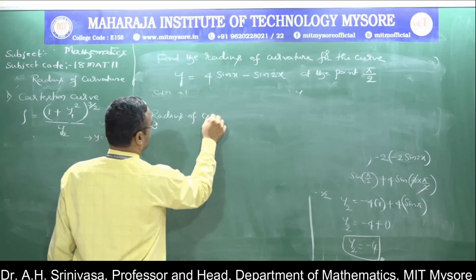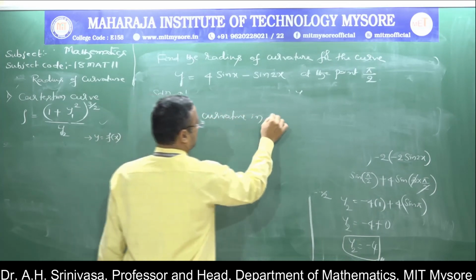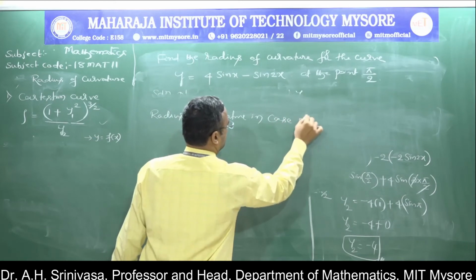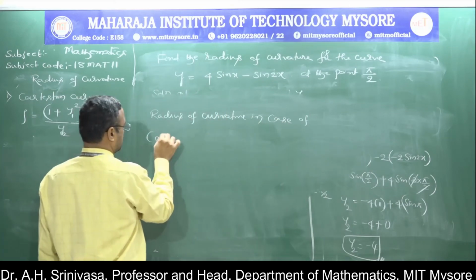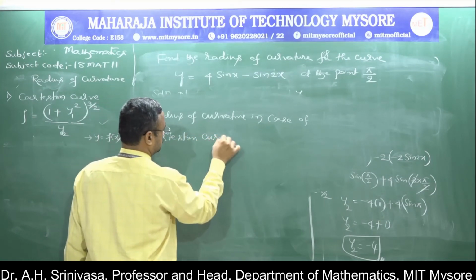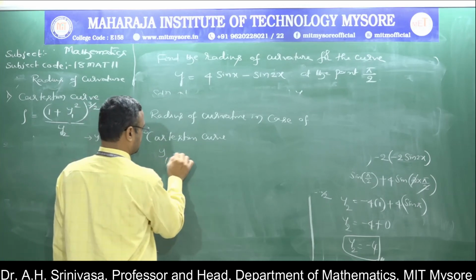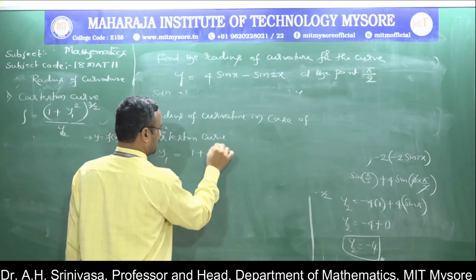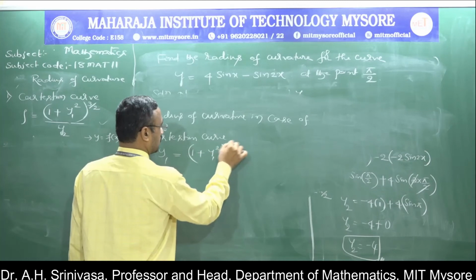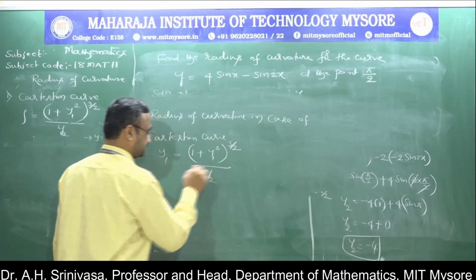The radius of curvature in case of a Cartesian curve, use this formula: rho equal to 1 plus y1 square whole power 3 by 2, divided by y2.